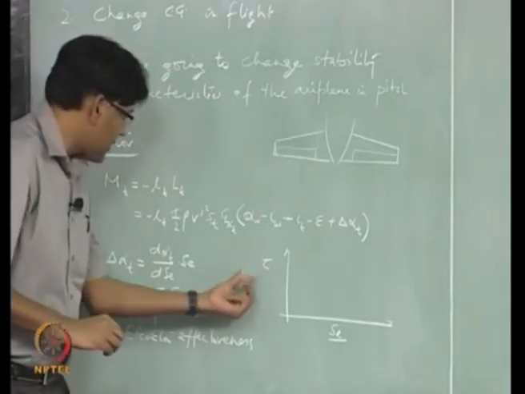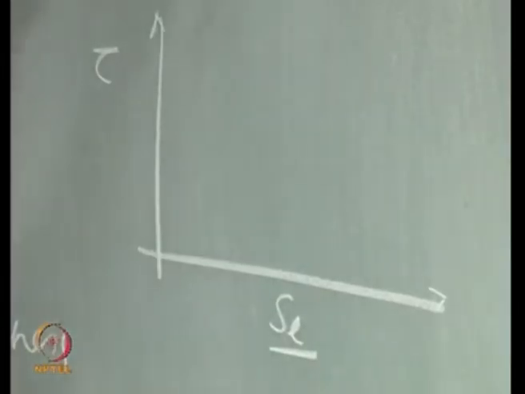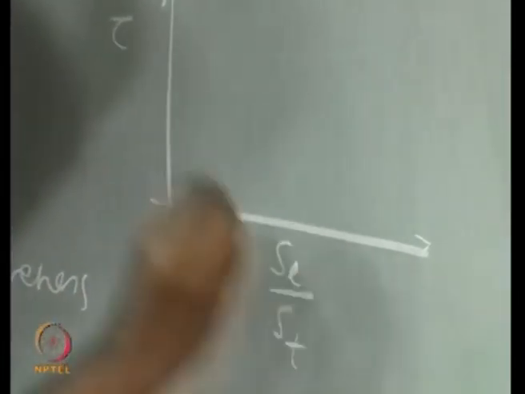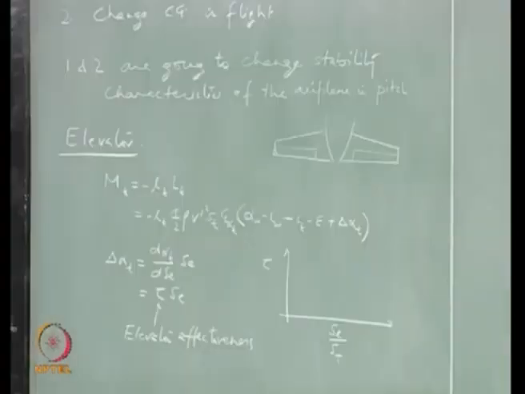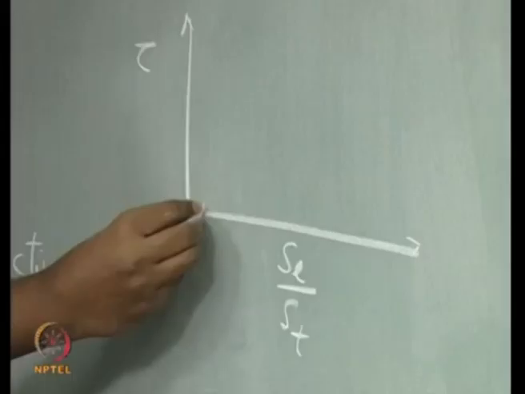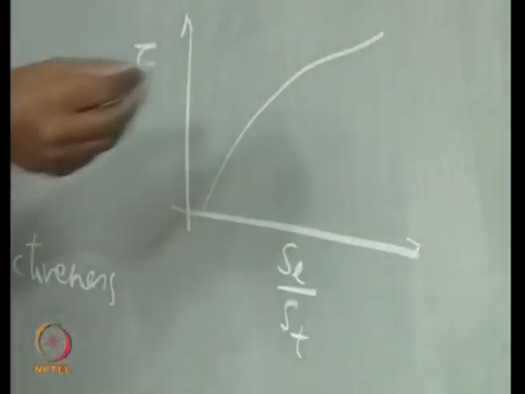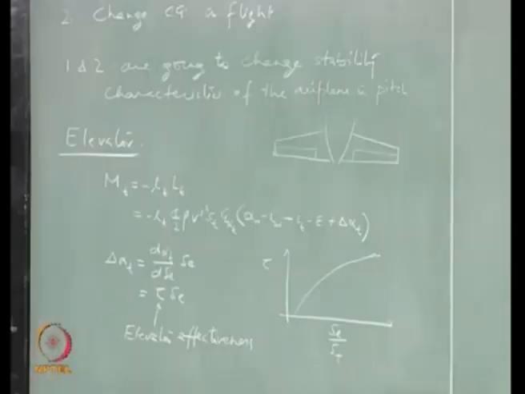This parameter is going to depend upon the ratio of the two areas. Okay. It varies something like this, maybe it will saturate. Is it all right?